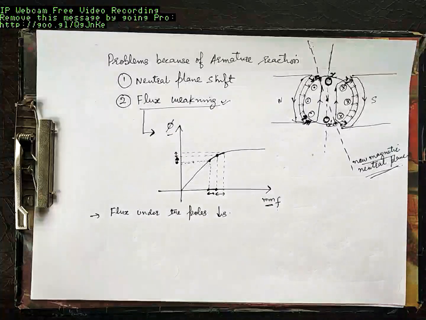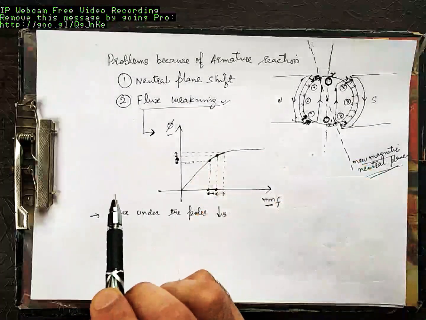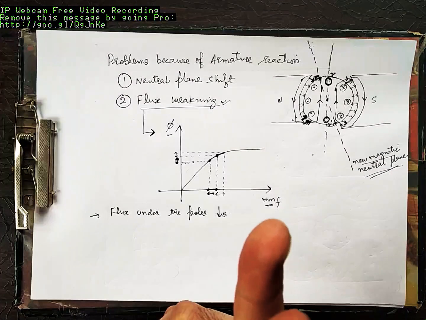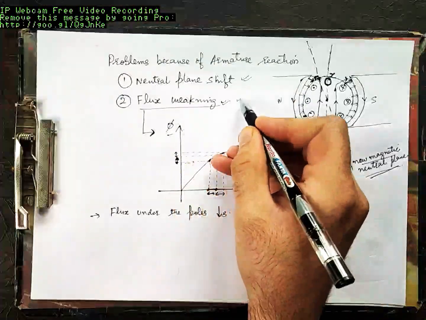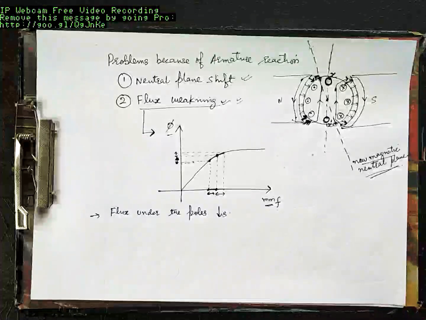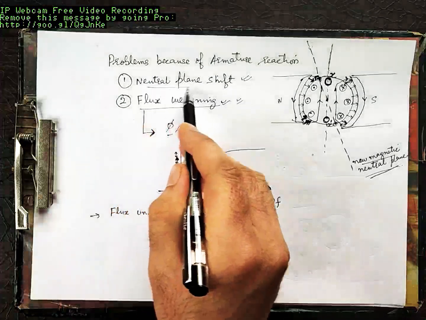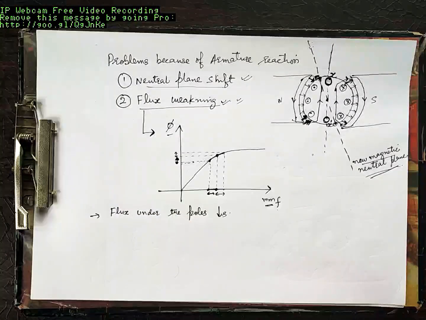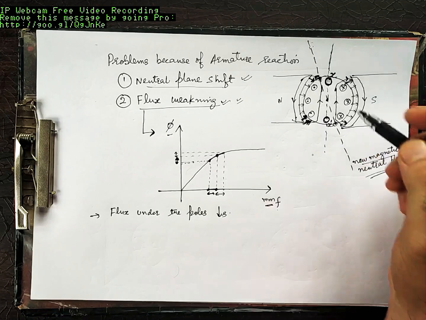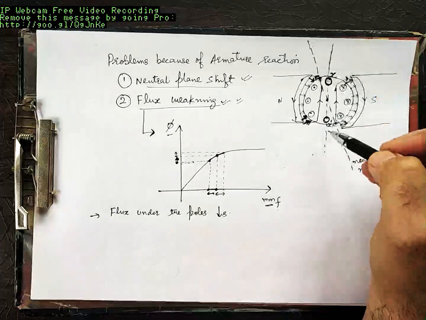This was the second problem caused by armature reaction. Two problems are caused by armature reaction. Number one is neutral plane shift and number two is flux weakening. What is the problem with neutral plane shift? We had adjusted our brushes such that they were short-circuiting two commutator segments when the coil attached to those commutator segments was in the magnetic neutral plane, such that the voltage induced in that coil was zero.